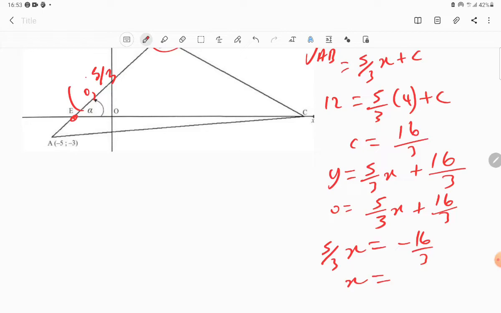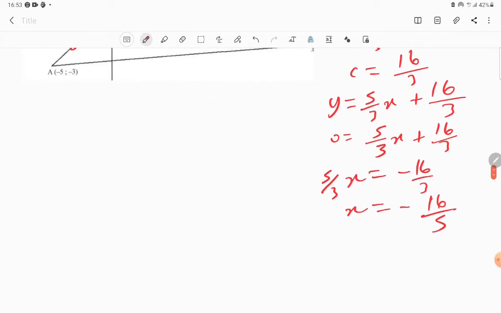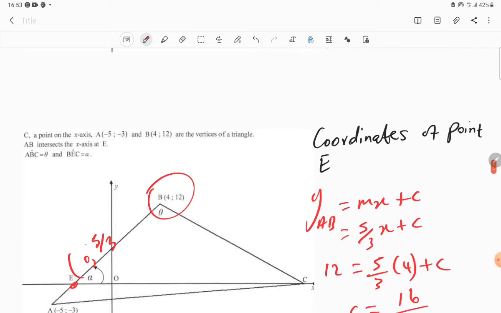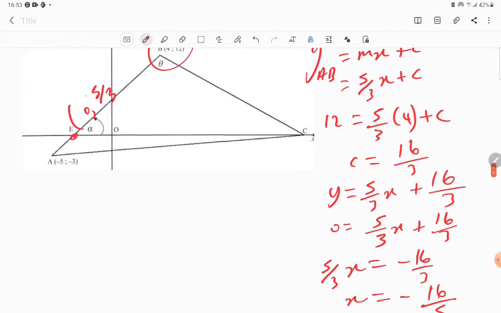Then x is going to be equal to negative 16 over 3 times 3 over 5, so it's going to be negative 16 over 5. So the coordinates of E are negative 16 over 5, 0. So this is how to calculate the coordinates of E.